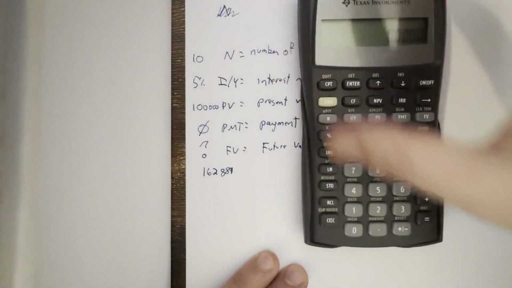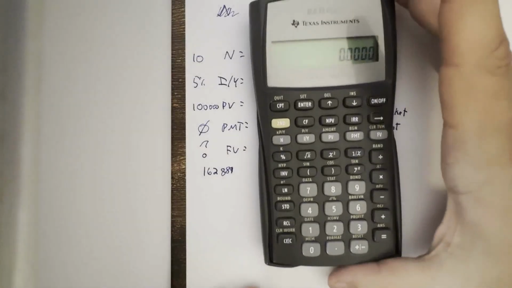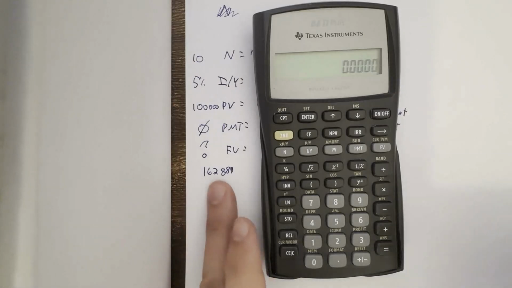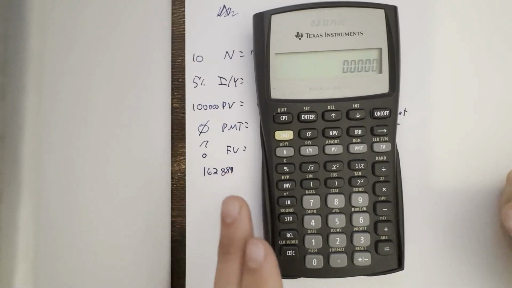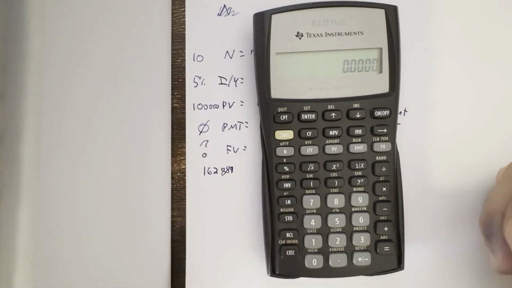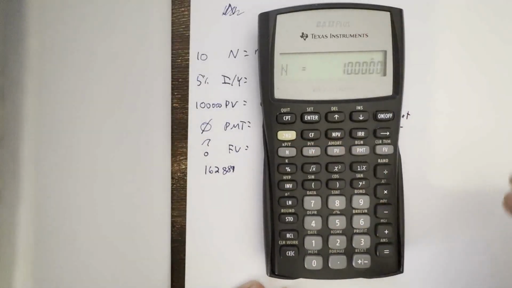We're going to clear the calculator, and just for the fun of it, we're going to do this again and do some more keystrokes. So again, you can always go back and re-listen to this. The first thing is this. We know what the future value is. We want to confirm that the PMTs are actually going to be equal to 0. So let's start back at the top. We have 10 N's.